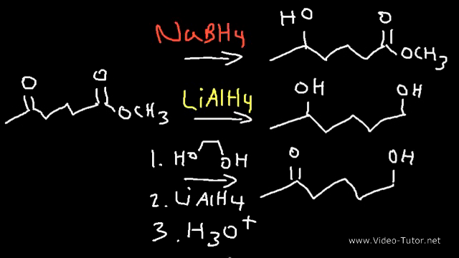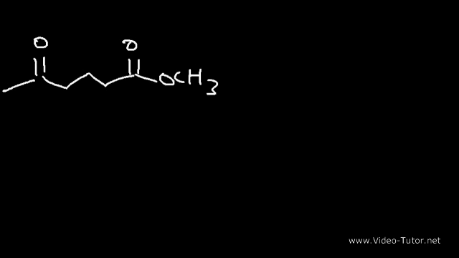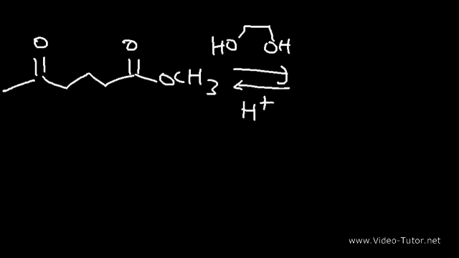So now let's outline the steps of that reaction. I'm not really going to go over the mechanism for it, just the basic steps. So in the first step, we need to use ethylene glycol, and you can catalyze this reaction by using an acid.